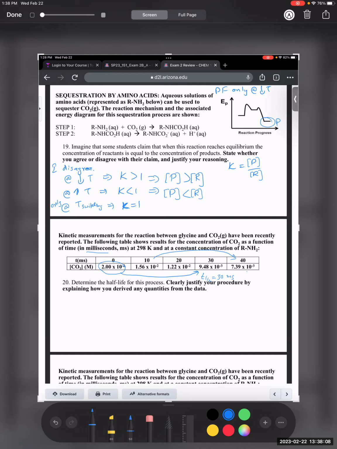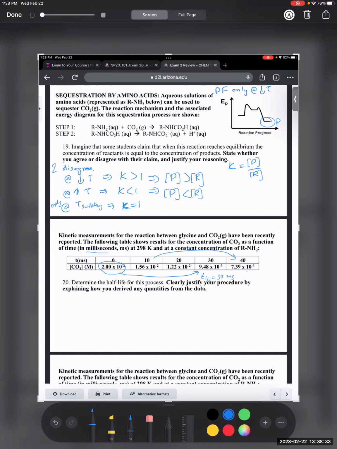Now I'm going to plot something else. I'm going to plot natural log of concentration versus time. When I plot that, I got an R squared value of exactly 1. So that proves that this is going to be a first order reaction. And if you plot 1 over concentration versus time, the R squared was 0.987.